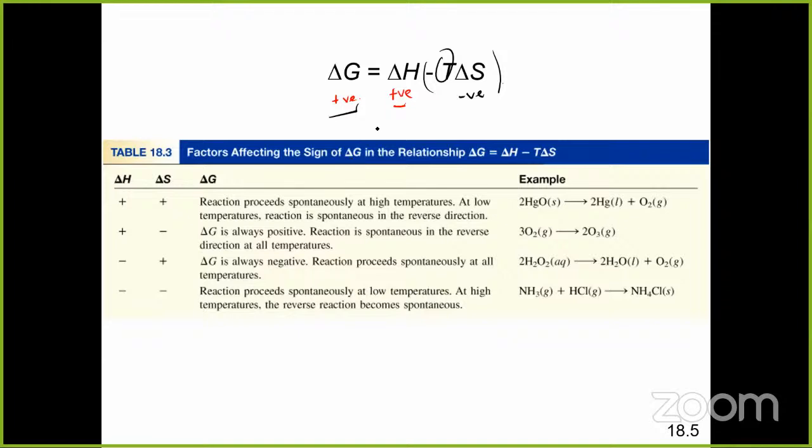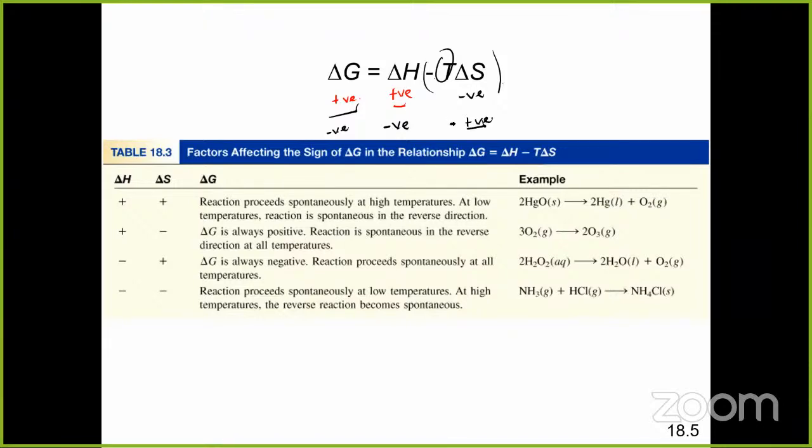Now, if the reverse is true, if delta H is negative and delta S is positive, then what does that mean for delta G? And the answer would be that delta G would be negative, because if you think about it, if this is positive, minus T delta S would make all of that negative.